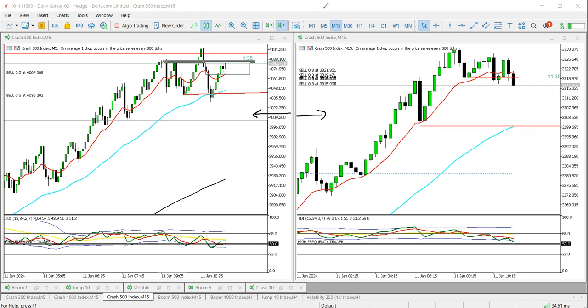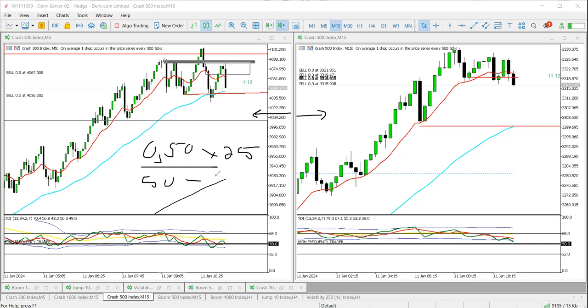The only reason I don't like C3 is because if it goes into drawdown, it moves fast. Let's say, for example, the smallest lot size you can open here is 0.5. So if it moves against you 50 pips, that's already $25.